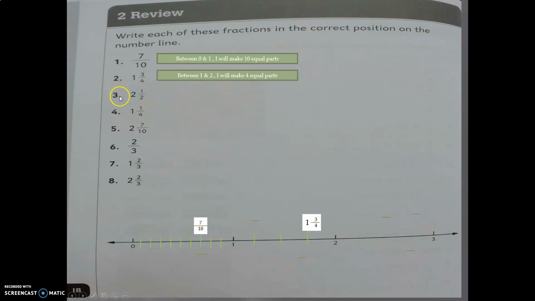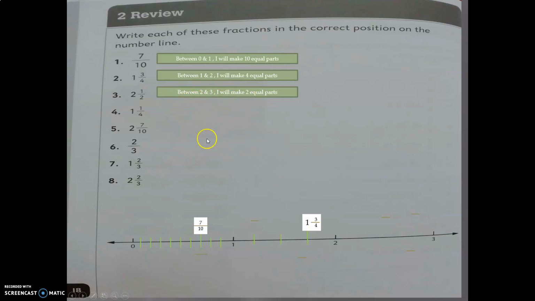Okay, let's go to number 3. 2 and a half. It means you already finished 2 and you are moving to 3, but you haven't reached 3 yet. So 2 and a half should be between 2 and 3. And I need to cut the area between 2 and 3 into how many equal parts? Into 2 equal parts.